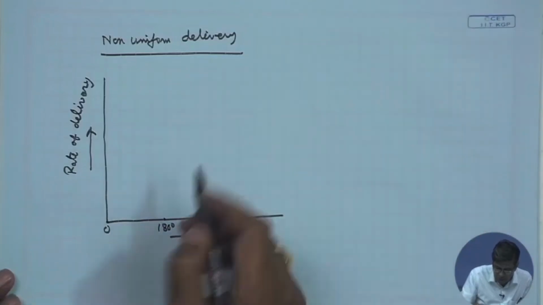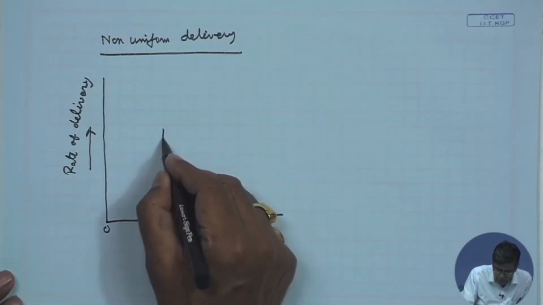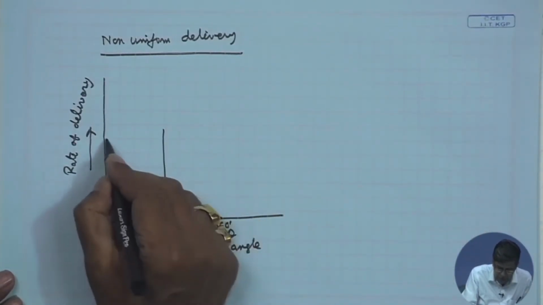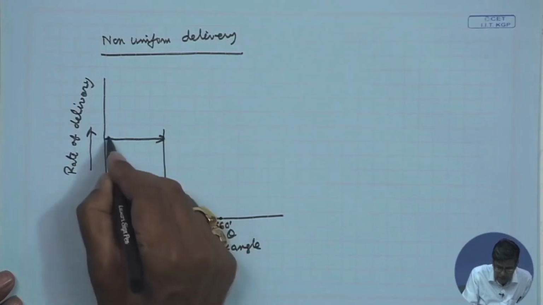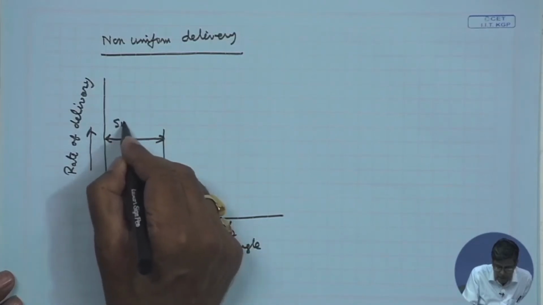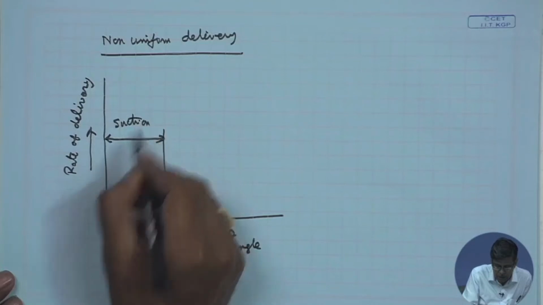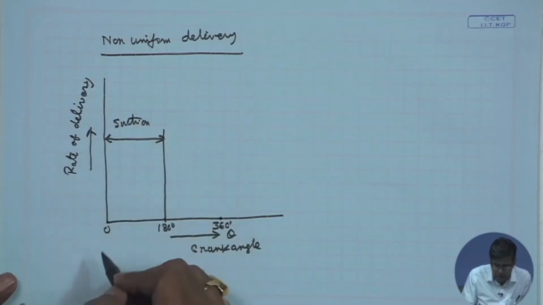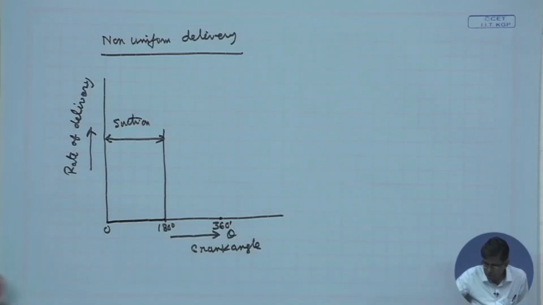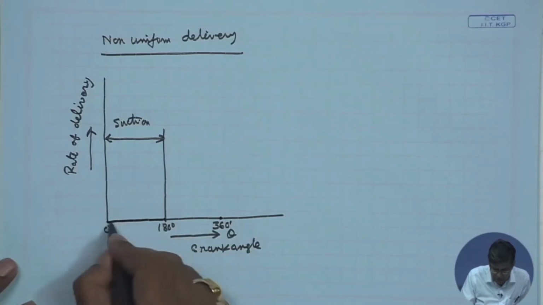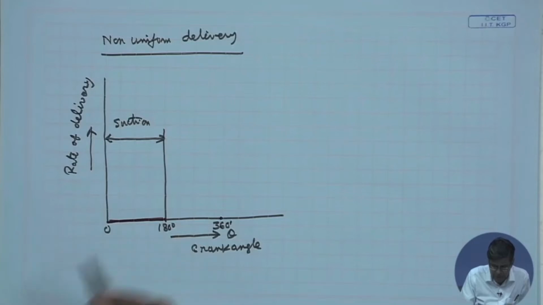During the suction stroke there is no discharge. I show the discharge as the red line; during suction there is no discharge.